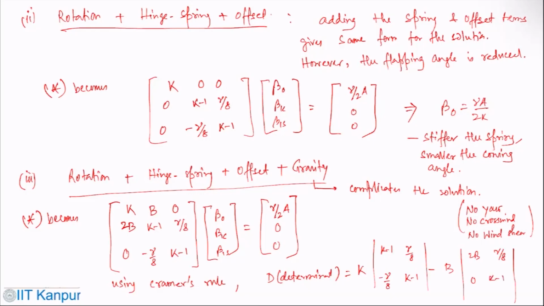So what it gives, the determinant is K minus 1 square plus gamma by 8 square minus 2B square K minus 1. So obviously, once you find the determinant, then like in Cramer's rule, one can find the desired values by substituting the right-hand side vector into the corresponding column of the matrix, and then finding the new matrix and dividing by the original determinant.